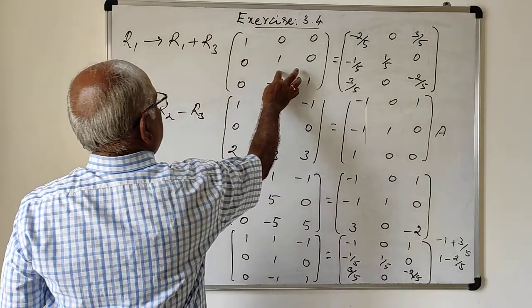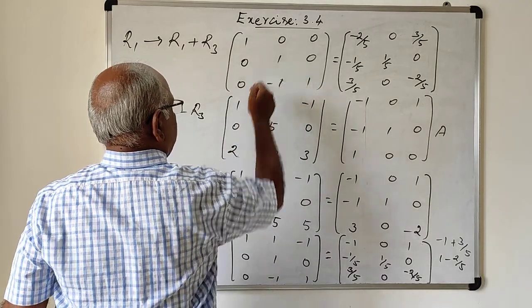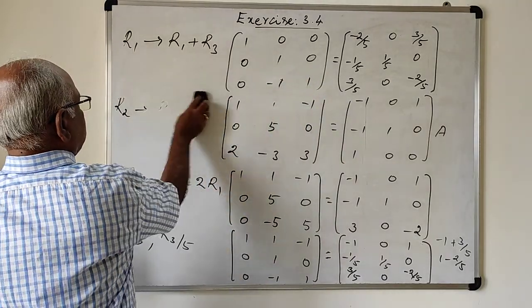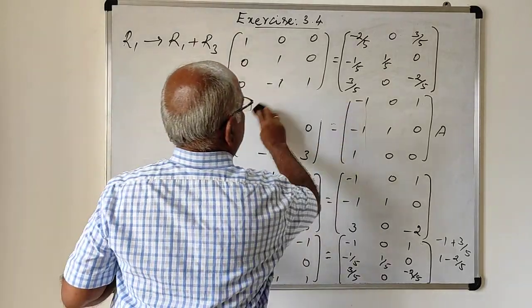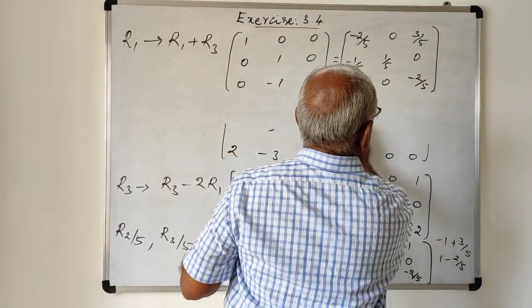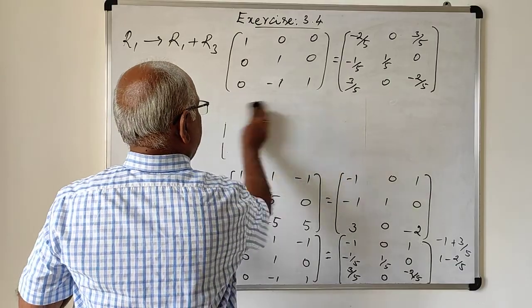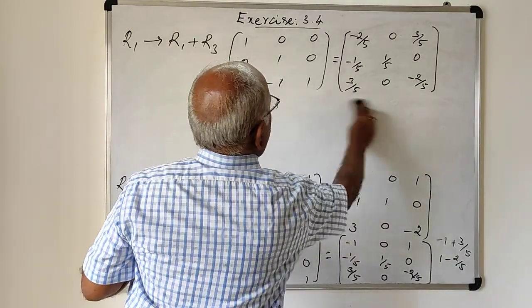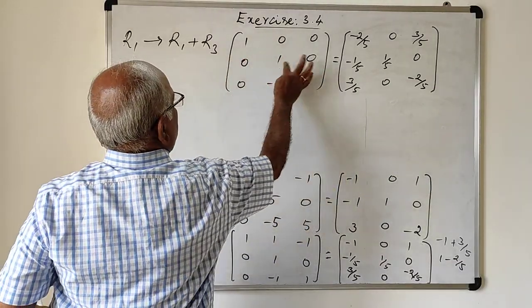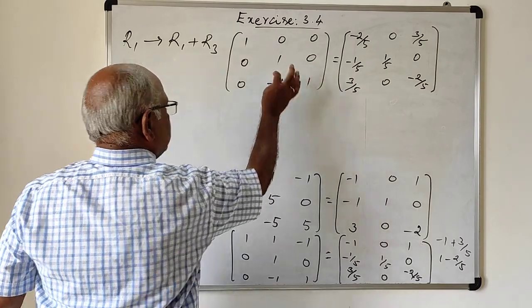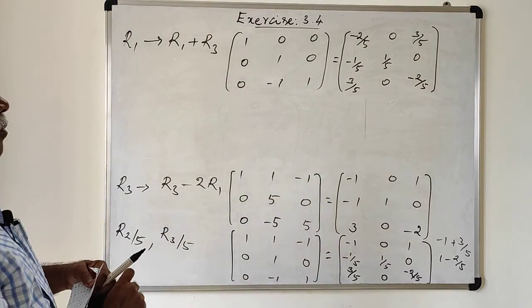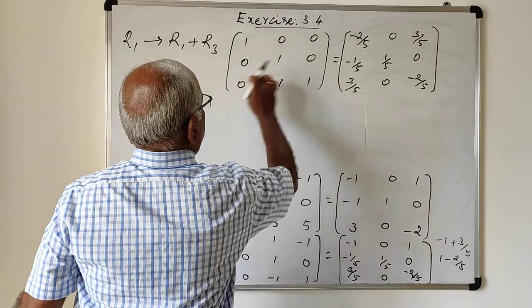Next, you convert this element to 0. For that, you add R2 and R3. Final step: you are converting the left-hand side matrix into the identity matrix, 1, 0, 0, 0, 1, 0, 0, 0, 1. We want to convert the second row, second column element to 0.